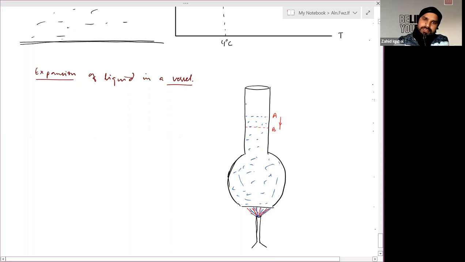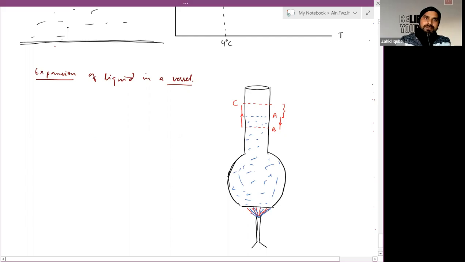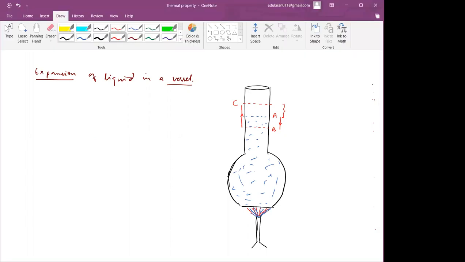And on further heating, level of liquid may rise to this new point C. So from B to C will be the real or actual expansion of liquid. But you will observe only from A to C. Is it clear? Yes, sir.